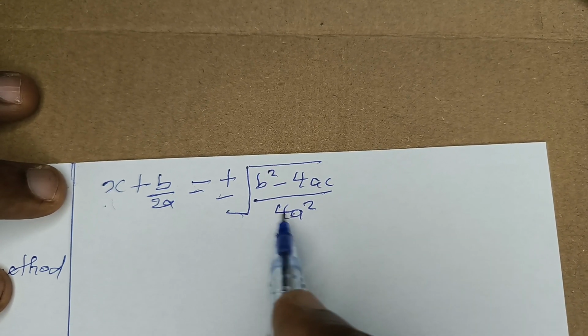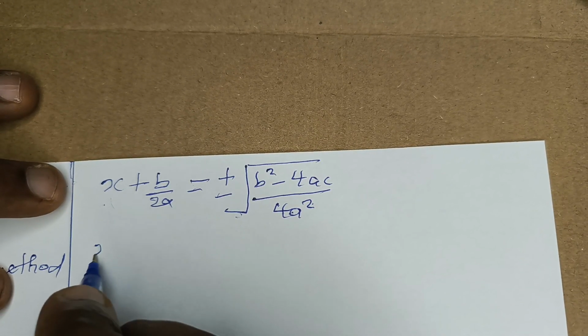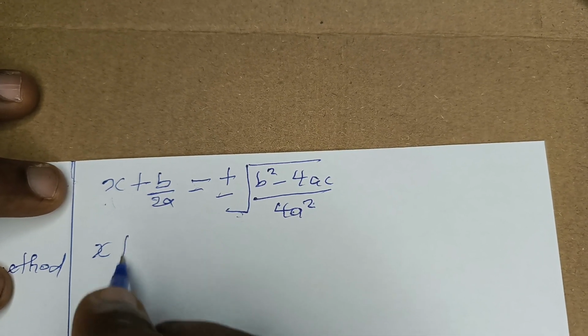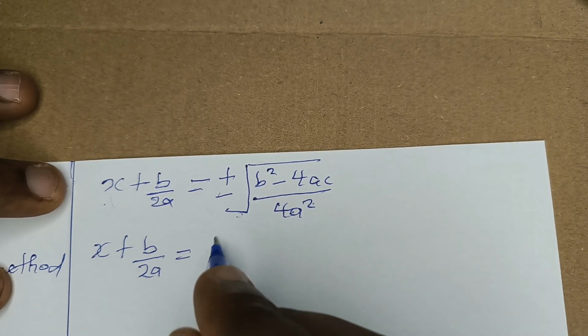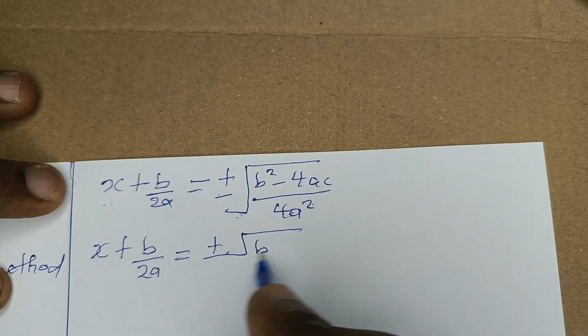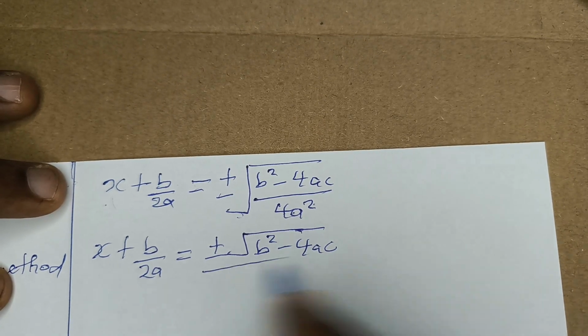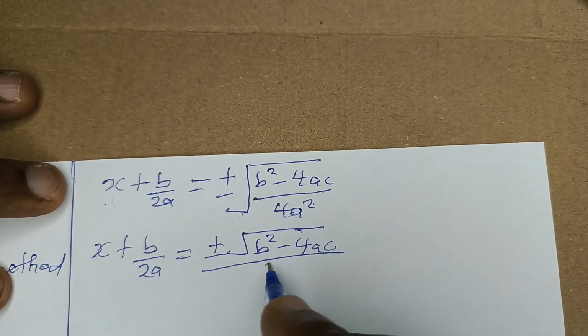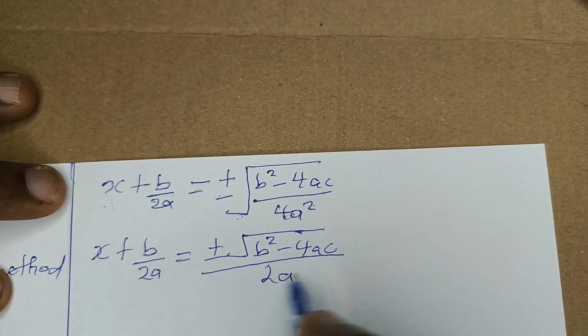Square root of 4 is 2. Square root of a squared is a. So you can do that. It means x plus b over 2a is equal to plus or minus the square root of b squared minus 4ac, now divided by 2a. We have gotten the square root of 4 and a squared to be this.